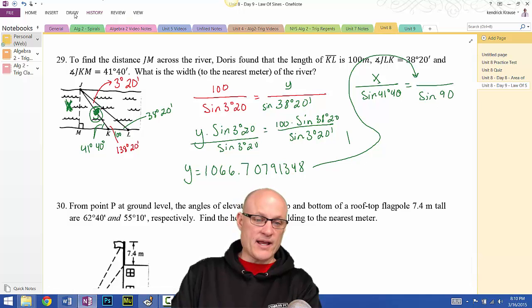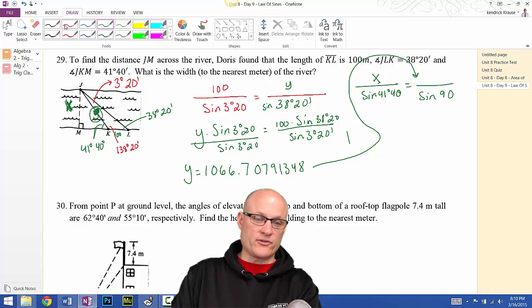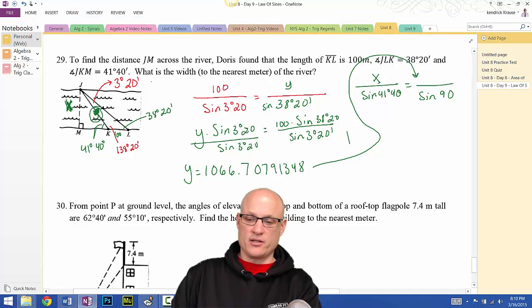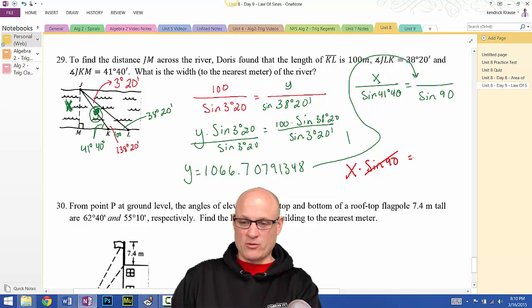So what I finally end up with, after all is said and done, is x times the sine of 90, but isn't the sine of 90 really just 1? Is equal to this 1066 point blah, blah, blah times the sine of 41 degrees 40 minutes.